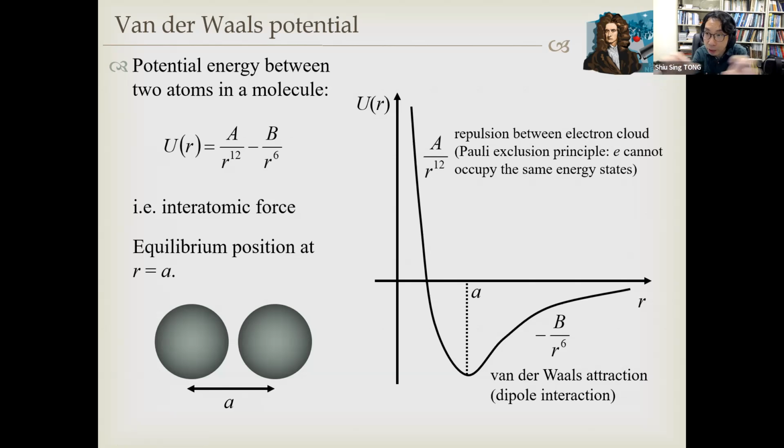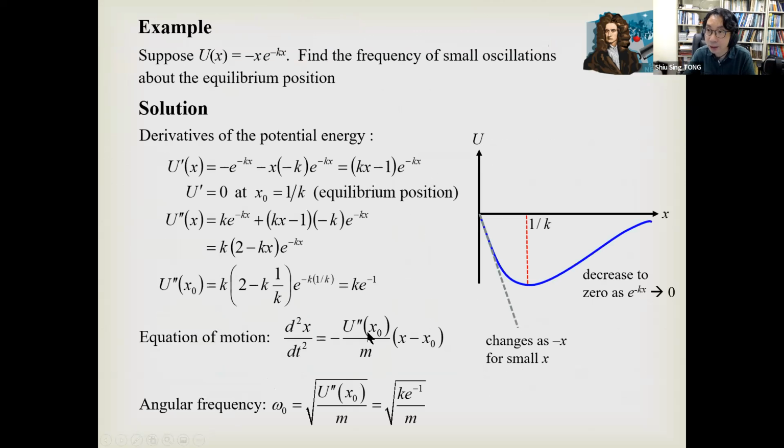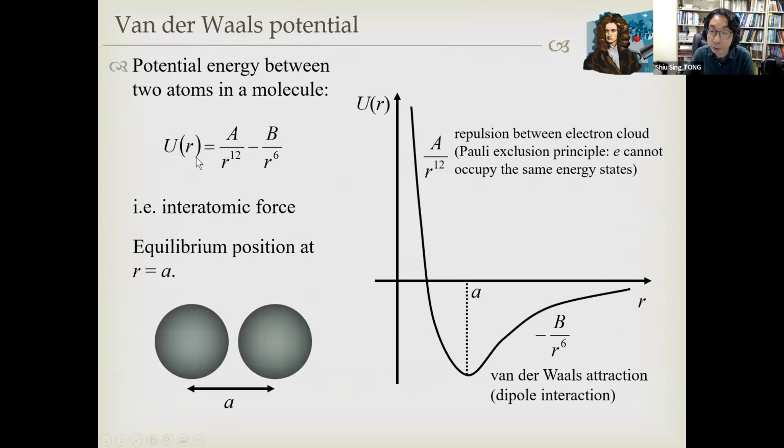But there may be small oscillation about that position, and that motion can in fact be described by simple harmonic motion in just the same way as here. If you are able to find the u double prime at the equilibrium position for this potential, you will be able to estimate the oscillation frequency. And that is a beautiful thing, right?